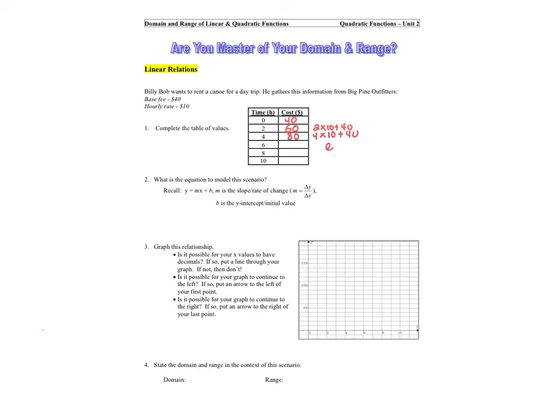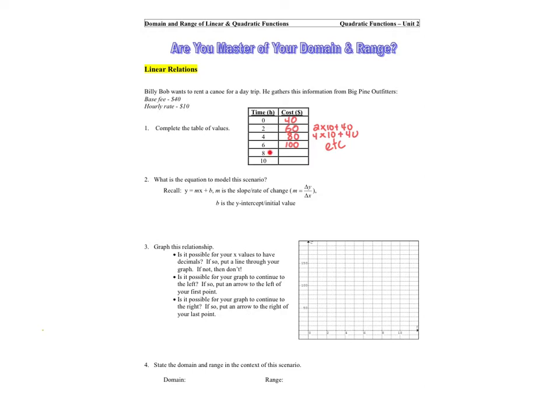And you keep doing that work. If you had the canoe for 6 hours, it's 6 times 10 for the hourly fee, which is 60, plus $40 for the base fee. So that would be $100.